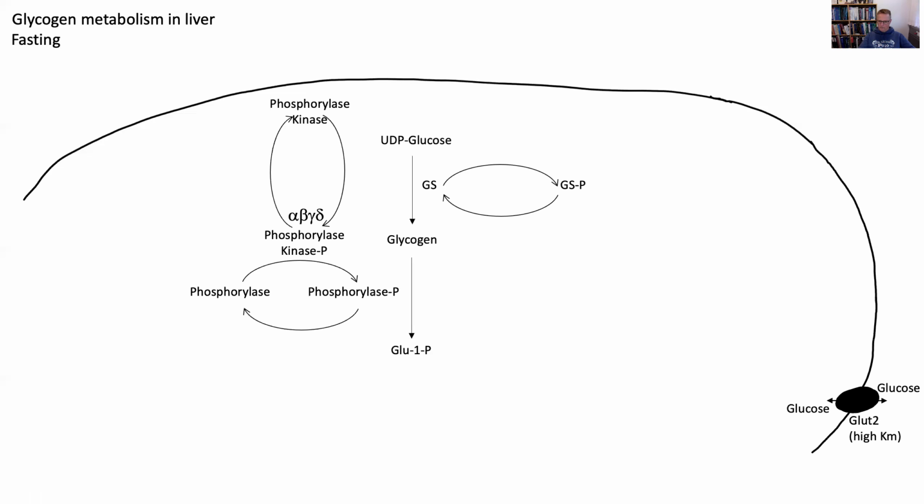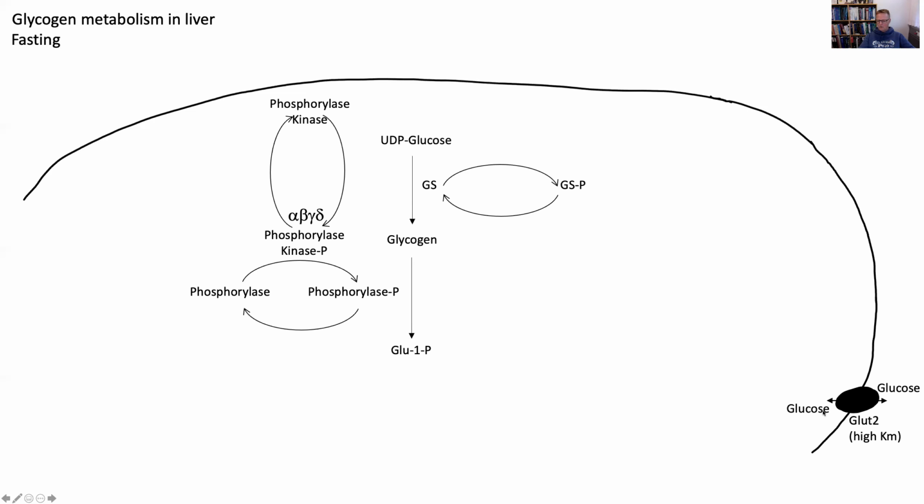In the liver, we know that glucose is primarily entering the hepatocytes via a glucose transporter known as GLUT2. This transporter has a high Km, meaning that the glucose concentration in the circulation will more or less be the same as the concentration inside of the hepatocyte.